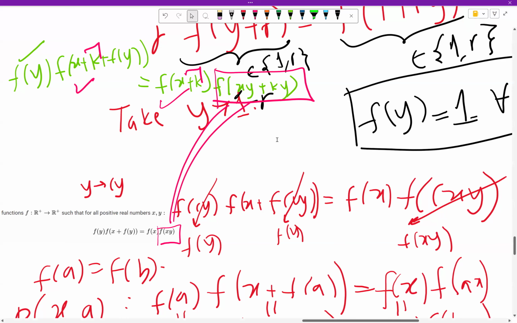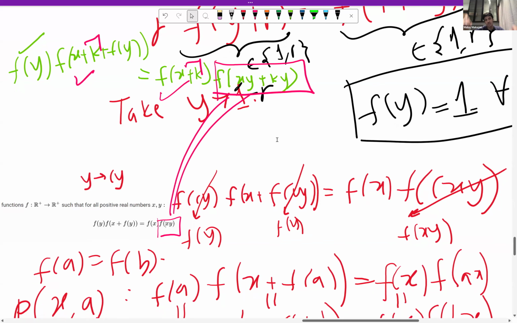Given a and b, you just choose x and y so that this is a and this is b, and you get f equals f2. Even you can just fix xy to be some constant and vary y, and take x correspondingly.